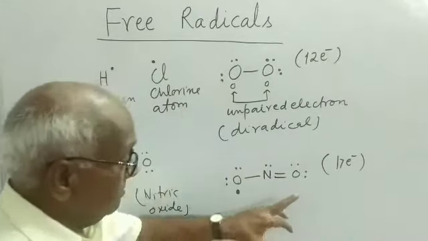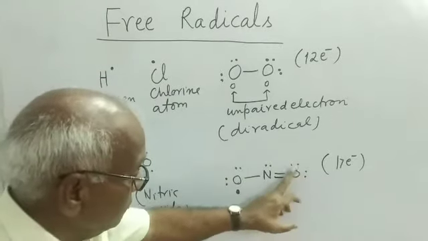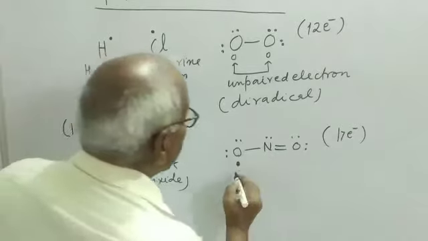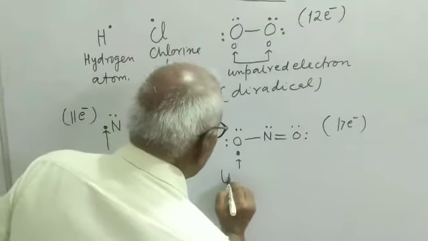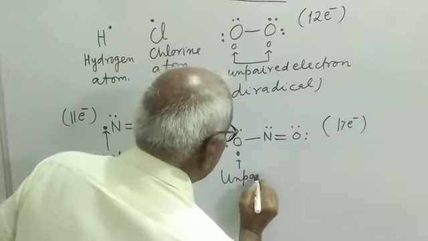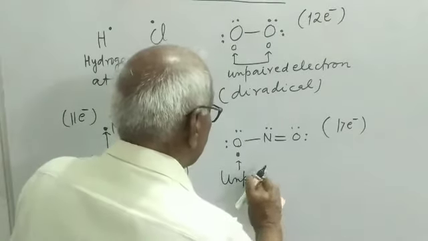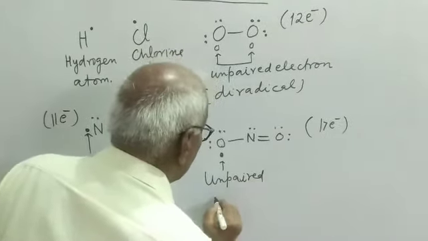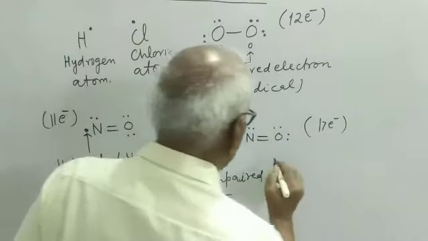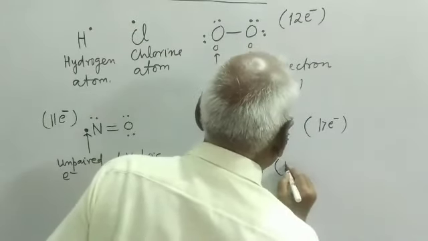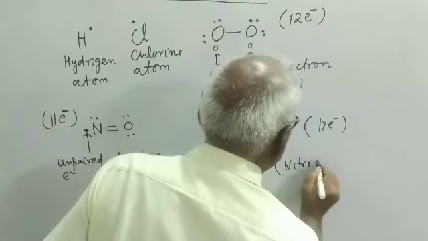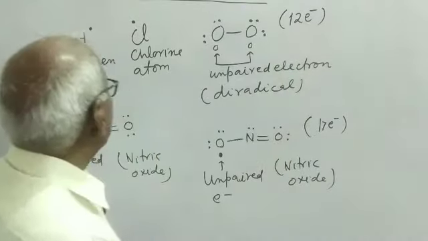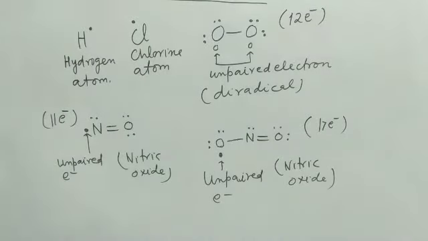Out of 17 electrons, 2, 2 and 4, 8, 10, 12 and 16, this is the unpaired electron. So it is a radical. So these are the inorganic examples.